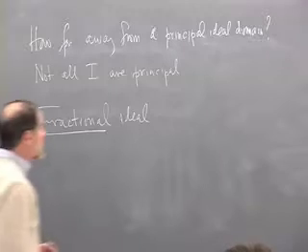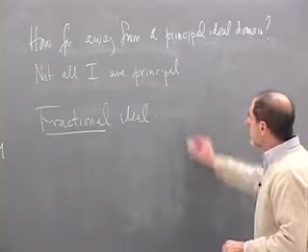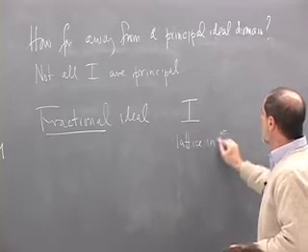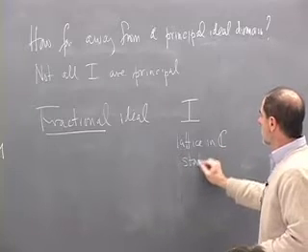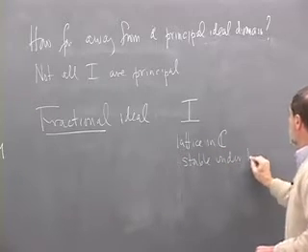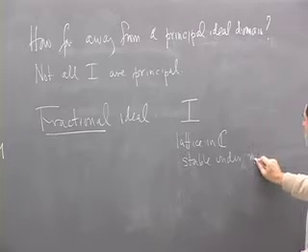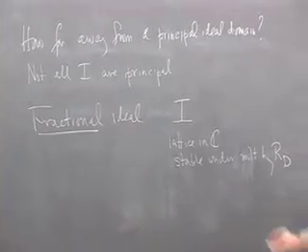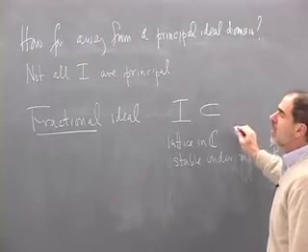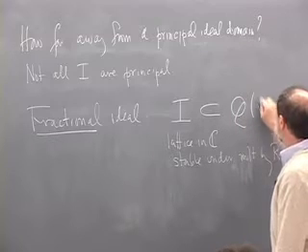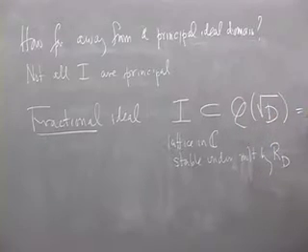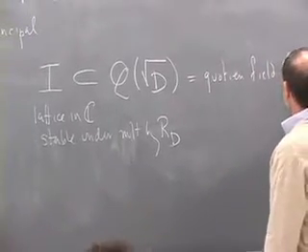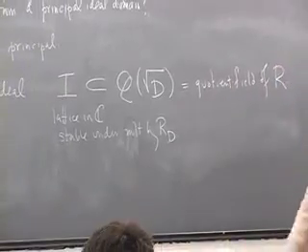A fractional ideal is a generalization of an ideal. It's an I, which is a lattice in C, stable under multiplication by R, and the only difference is it's not necessarily contained in R. It's contained in the quotient field of R, Q of square root of D, but not necessarily contained in the ring.